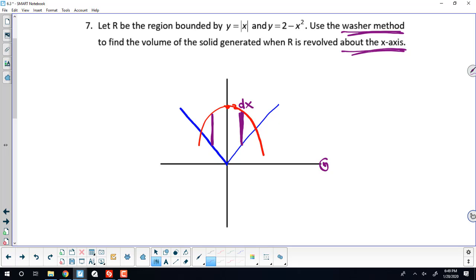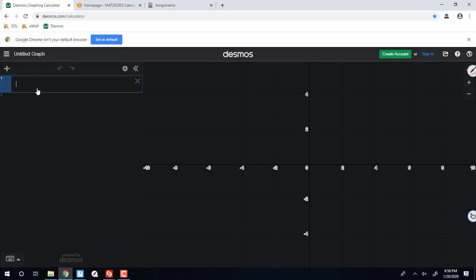You can either use that symmetry or you can compute 2 different integrals, right? So let me just graph it a little better here.